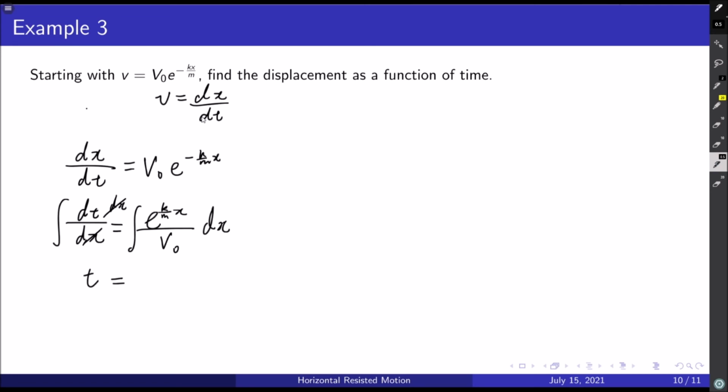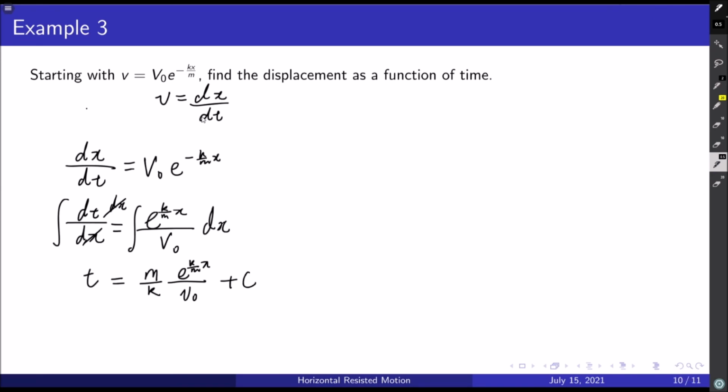And what do you get? So we end up with m over k e to the k over m x over v0 plus c.